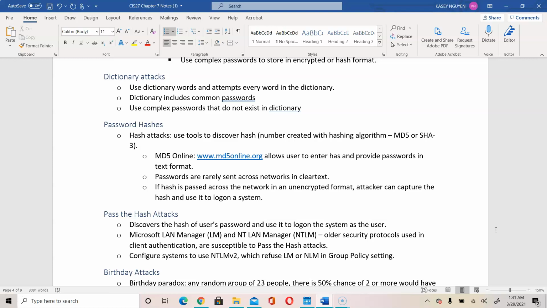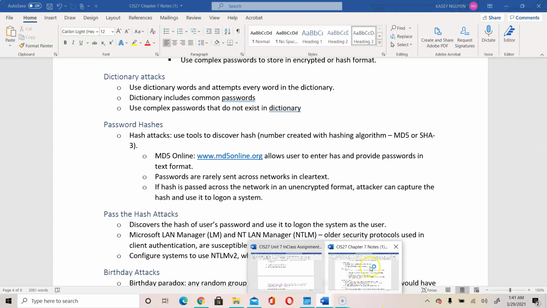Later on, they created a newer version called NTLM version 2. This should be used to configure the system so that it would refuse the attack. So LM and NTLM are no longer good.